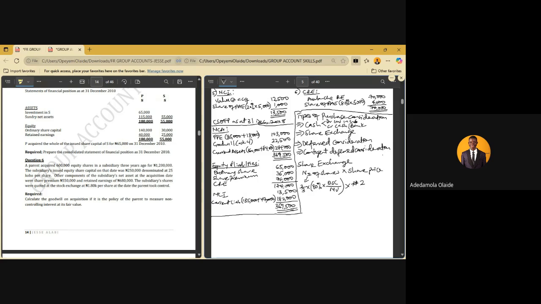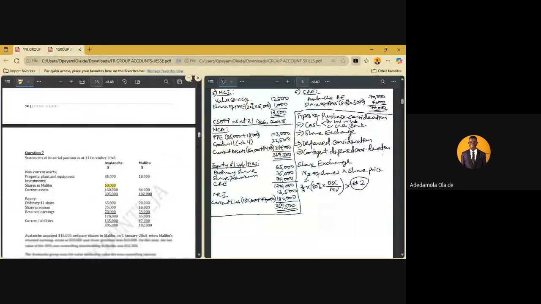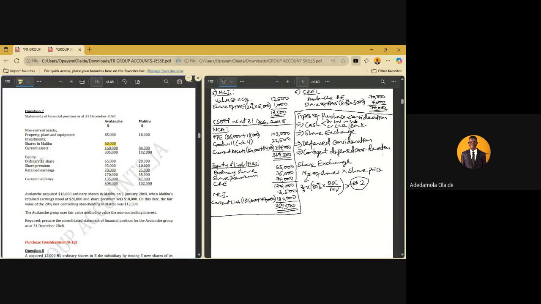Now, another thing is where the share price is different from the nominal value of the parent shares. Like I told us in the last class, when we are given something like ordinary $1 share, this $1 we have here is the nominal value of the shares.